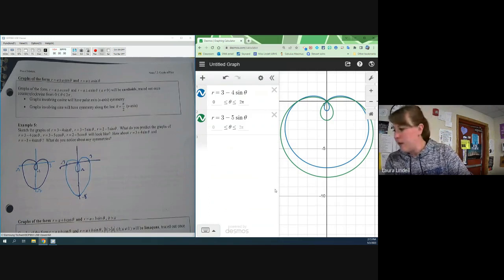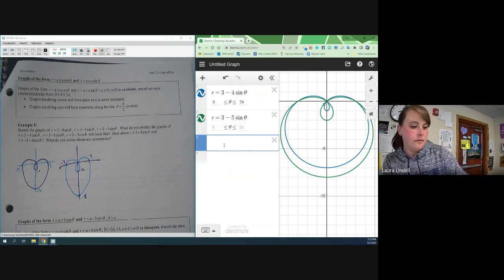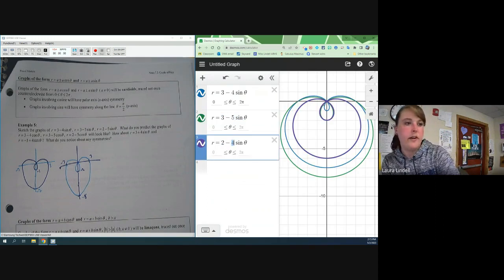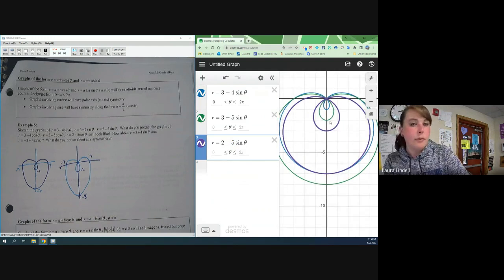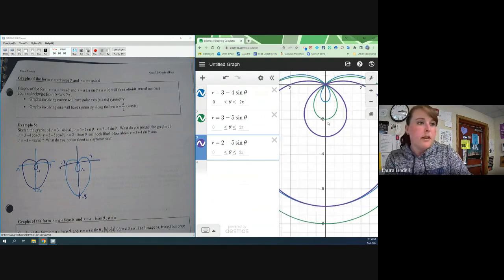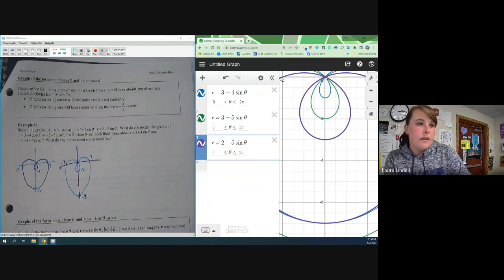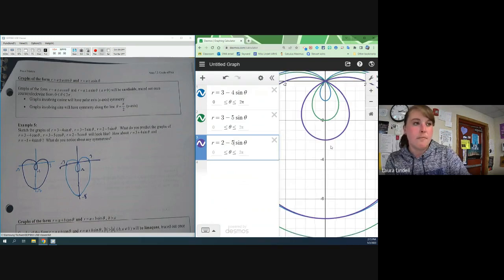Let's try another. It said 2 minus 5 sine theta for the next one. So 2 and 5. And as we would hopefully expect at this point, the loopy part goes down to 3, which makes sense. The difference between 5 and 2 is 3.